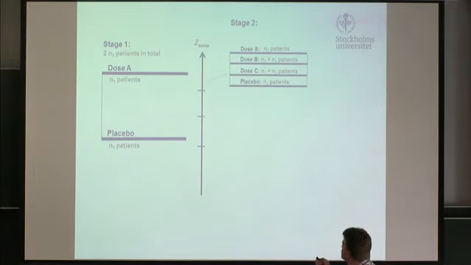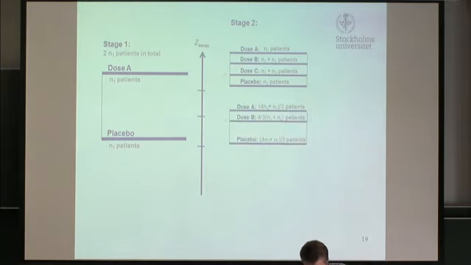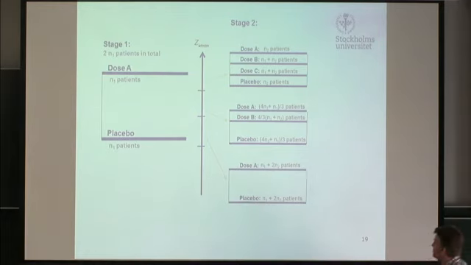But if the conditional power is lower, that Z is lower, then we would drop dose C and distribute these N1 plus N2 patients from C to the other doses, such that the sample size becomes this value. And if we are even lower in this area, we would even drop dose B and have sample size N1 plus 2 N2.